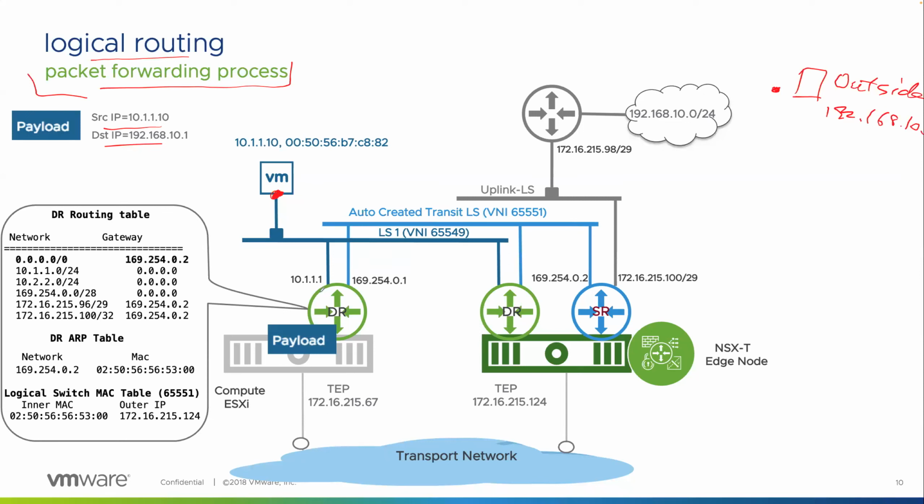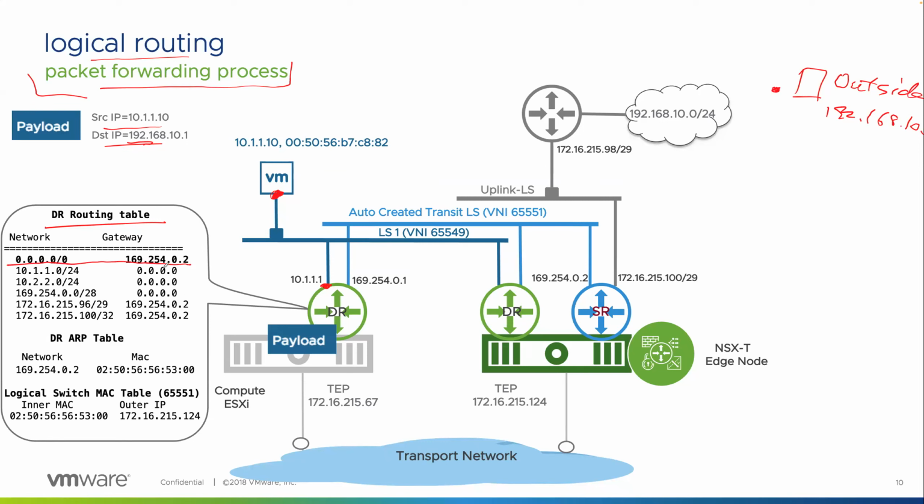So the first step is the DR, which is where the default gateway, or distributed default gateway, is sitting. So you just check the DR routing table to find out where 192.168.10.1 is. You just match this one, match 0.0.0.0.